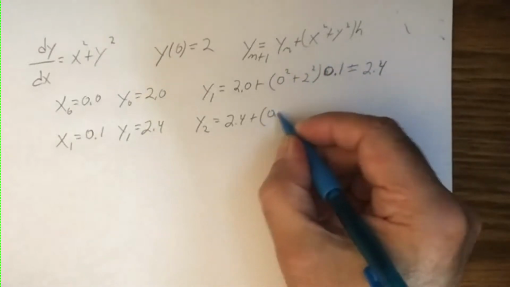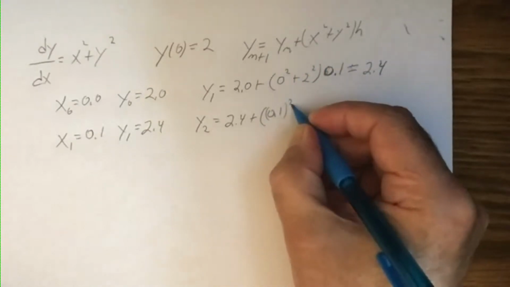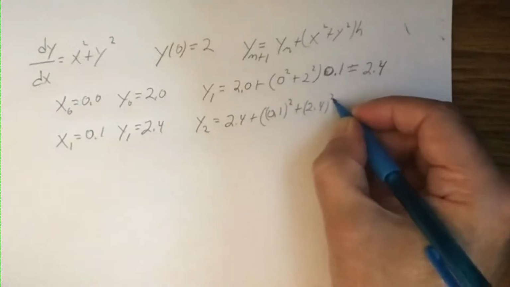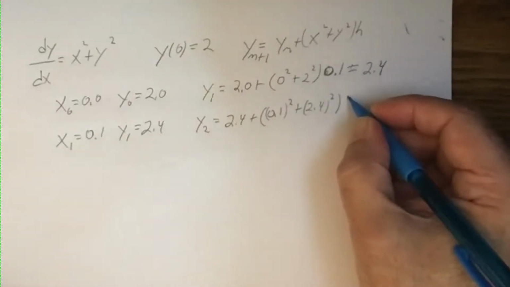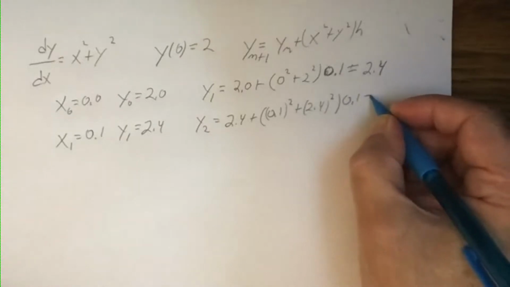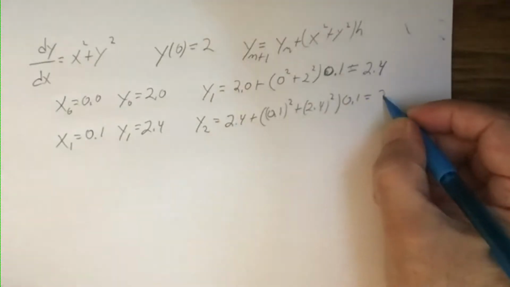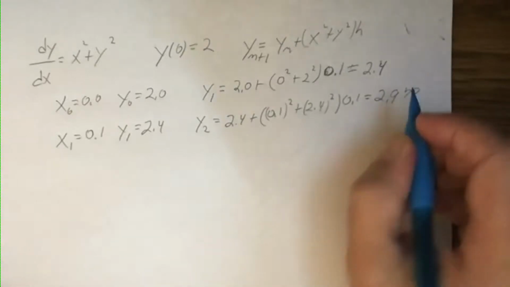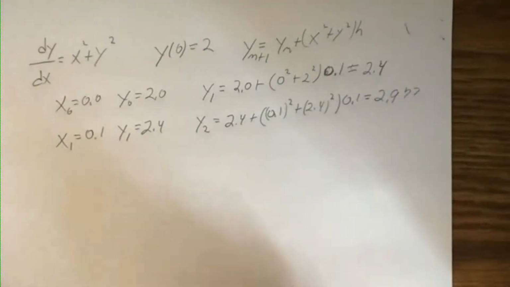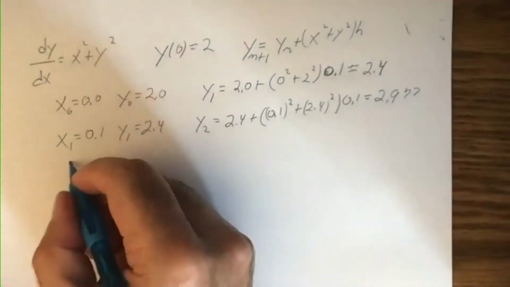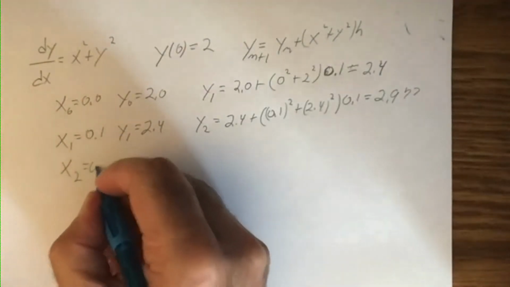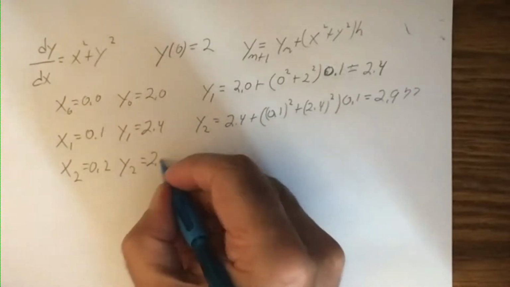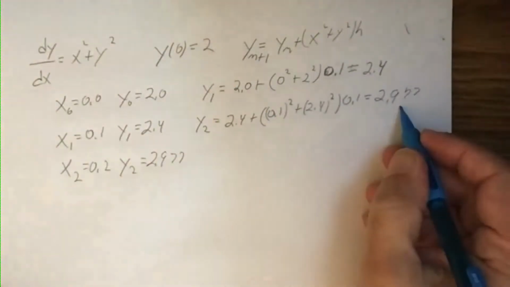So this is 0.1 squared plus 2.4 squared times 0.1. And this number turns out to be 2.977. Okay. So now I get X sub 2 is equal to 0.2. Y sub 2 is equal to 2.977. That's what I just calculated.